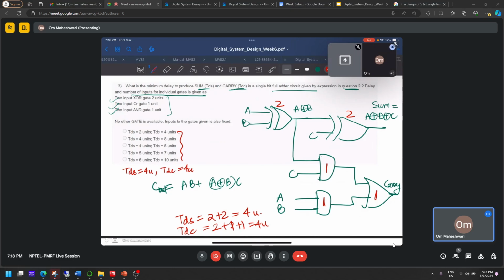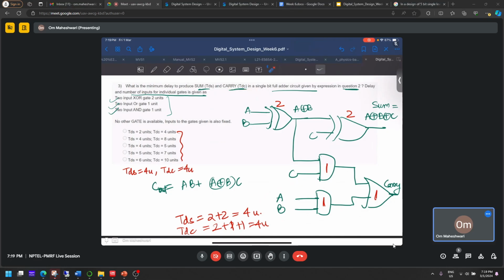Is this clear? Sir, for A and B also it requires 1 nanosecond. Sorry, what? Should we add it as 4 plus 1? Where? For AB, A into B? Yeah, okay. So this is the worst case delay, right?